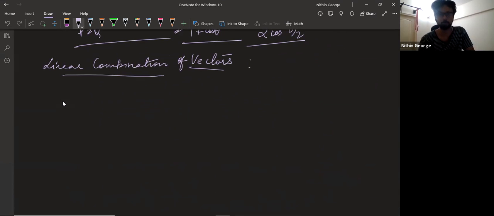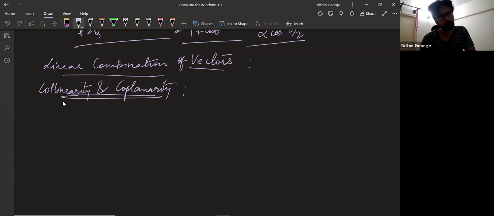I want you to write notes along with me. Collinearity and coplanarity, that is the topic we're talking about. So first we look at the relation between two collinear vectors.